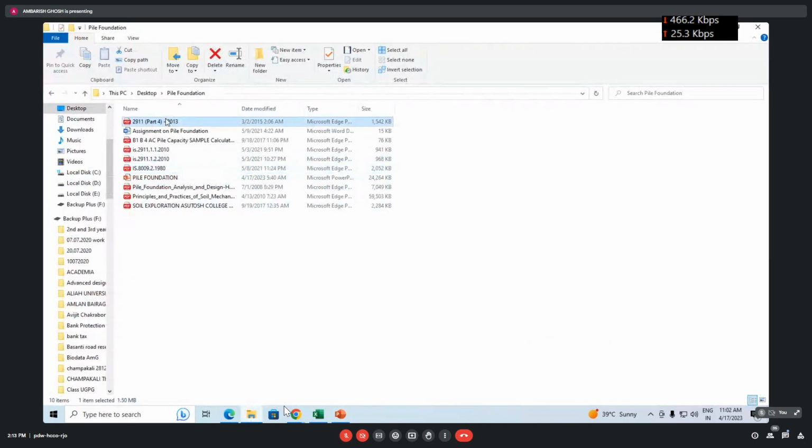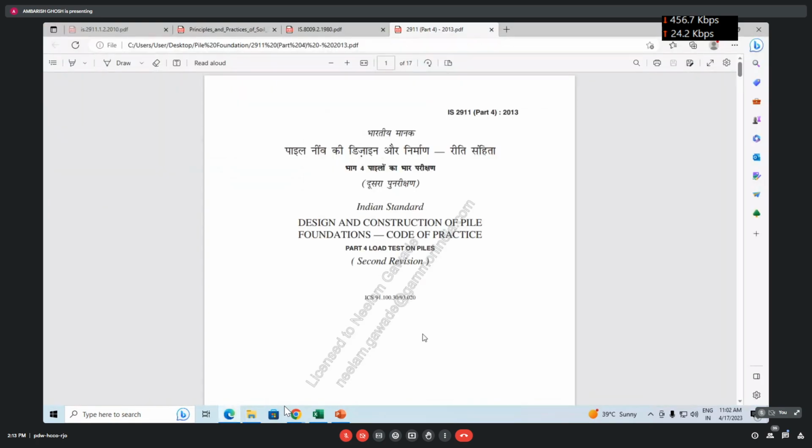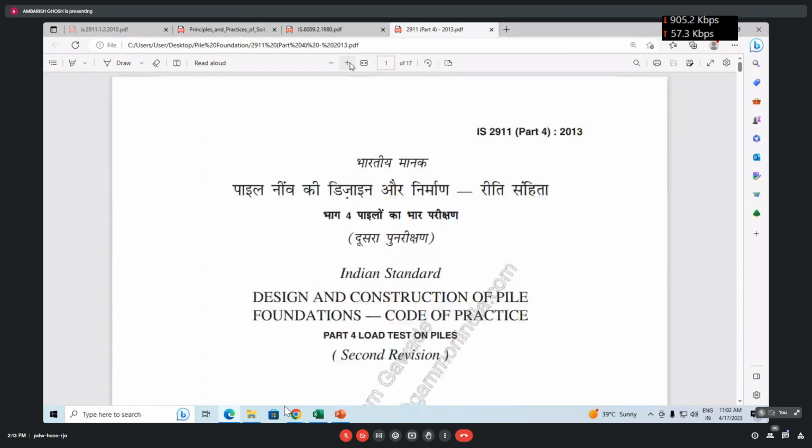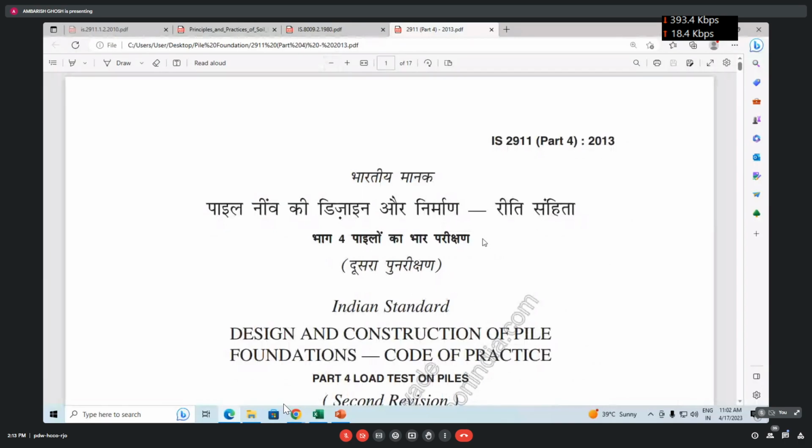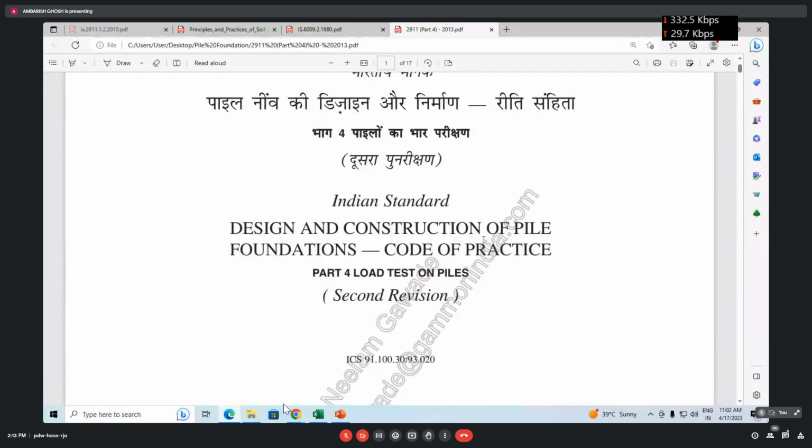You see, this is the code: IS 2911 Part 4, design and construction of pile foundations, Part 4, load test on piles. Do you have this code?